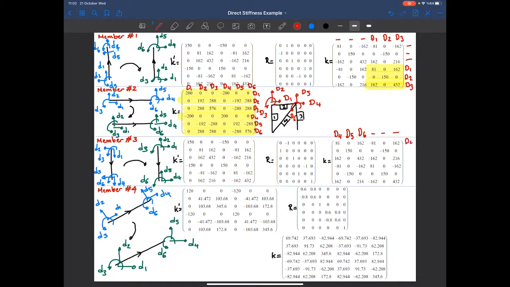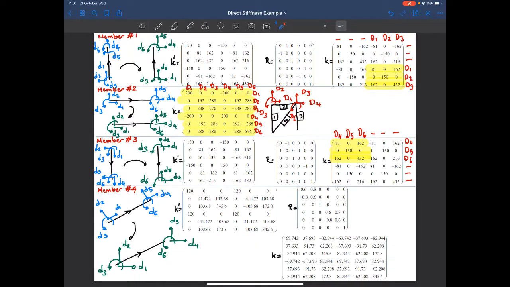Likewise, D4, D5, D6, and no degrees of freedom defined in the structure for the 4th, 5th, and 6th degrees of freedom. So here, these are the contribution of the third member. These are the resistance provided by the third member to the 4th, 5th, and 6th degrees of freedom.